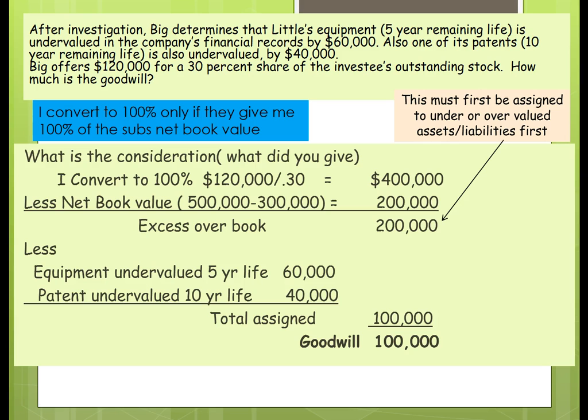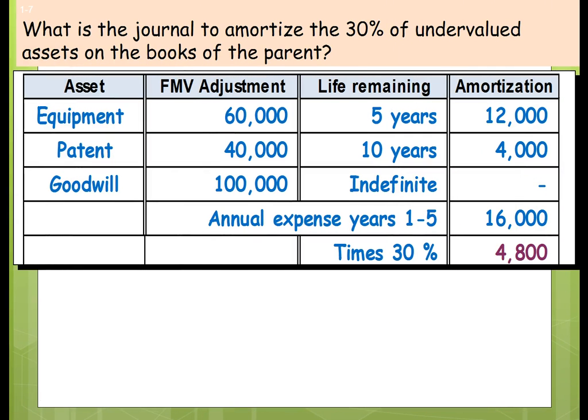In this case, we have both. The equipment would be $12,000, the patent would be $4,000. The goodwill is indefinite, so there's nothing there. So the annual expense, at least for the first 5 years, is $16,000. But remember, we're only going to record 30% of that, so it's going to be $4,800.